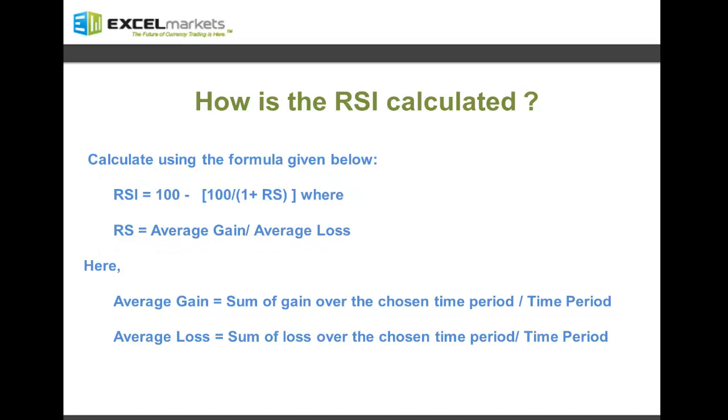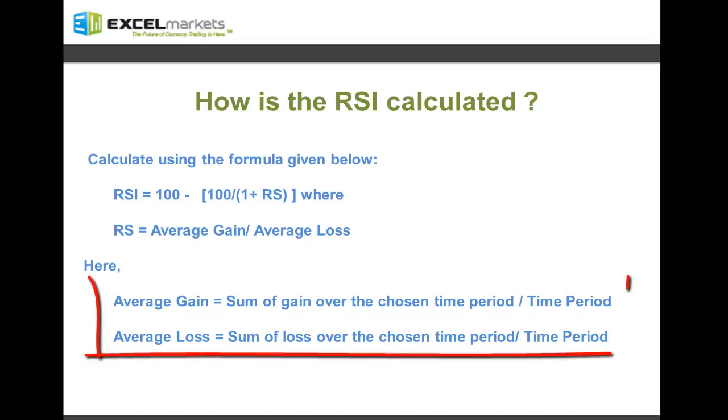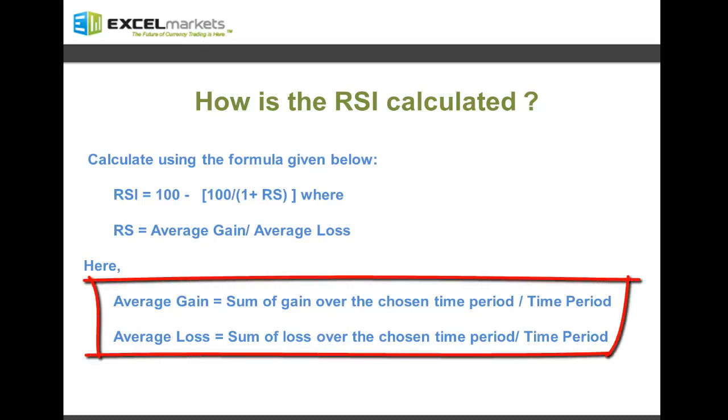Here, average gain is the sum of the gain of the price of the financial instrument relative to the reference price, which is either the close or open price, over a given period of time, divided by the total time period taken into consideration. And similarly, the average loss is the sum of loss over the chosen time period divided by the total time period taken into consideration.